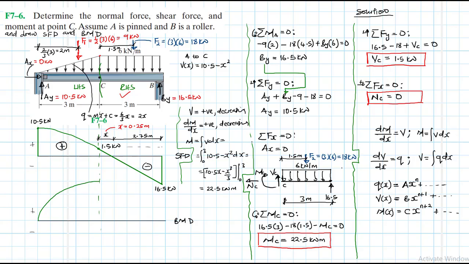So that's our point, and at that point we said the value we found is 22.5 kilonewton meters. And then, of course, that is not our maximum point. We expect the maximum point to be at the point where we have shear equal to 0.